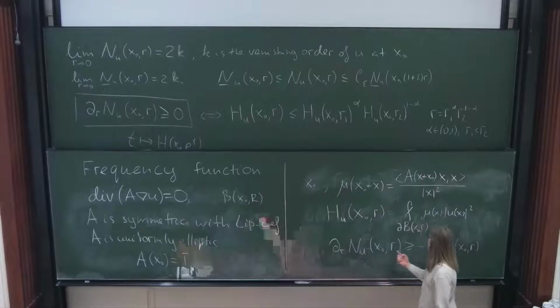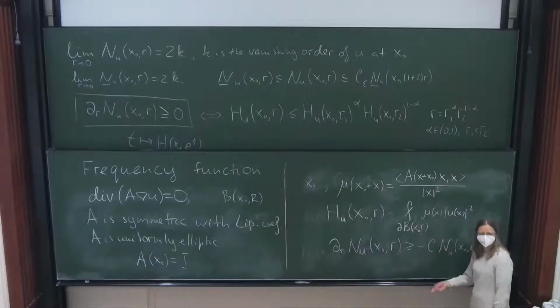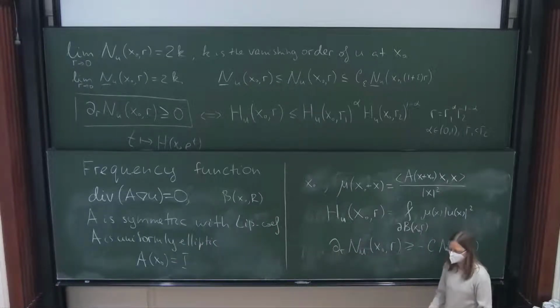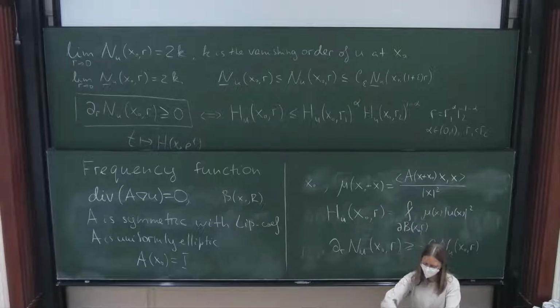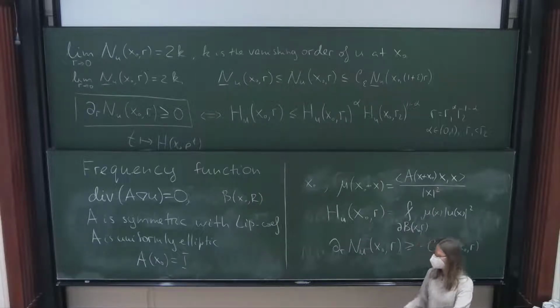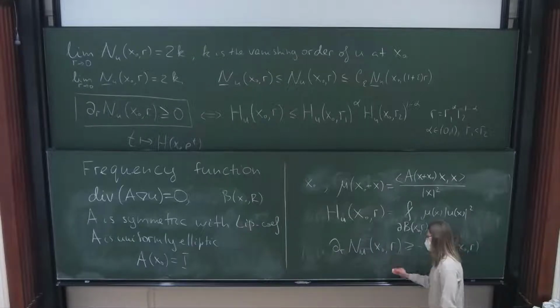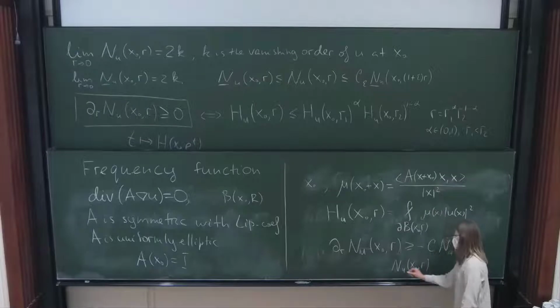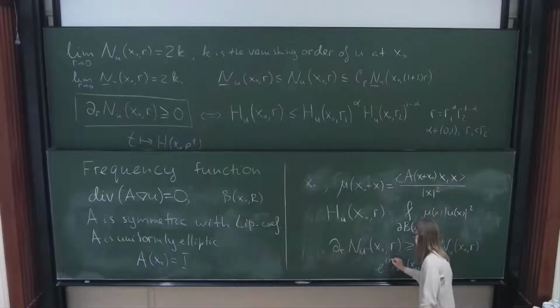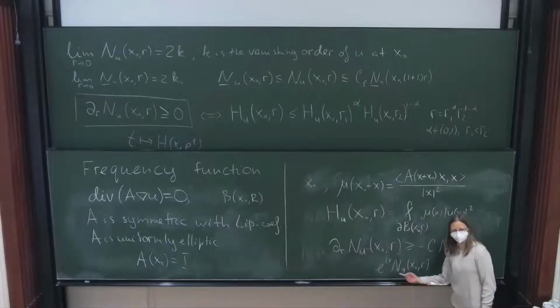And then you have this inequality that basically works more or less as the one that we had before, this monotonicity. And we can now look at this one times a coefficient like that, and this is not one function.